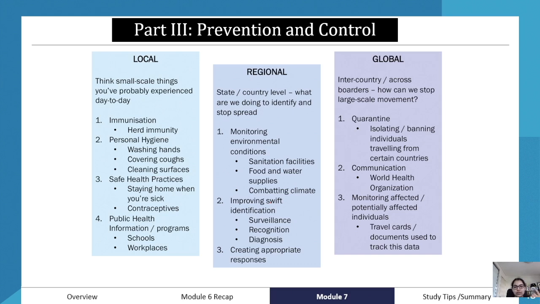Then we've got regional, state, and country level. What are we doing to stop the spread of the infection? Again, monitoring environmental conditions, like sanitation facilities, food and water supplies, combating climate.